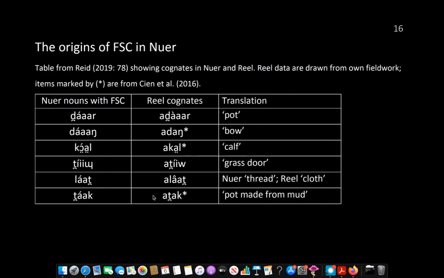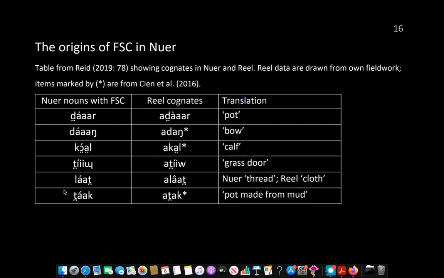Observe that all the nouns in Rel start with the vowel a. For the Nuer data, I do not mark FSC at this stage, and this also reflects the realization of these nouns in isolation, the context in which the FSC is not overtly realized. Now, from the Rel data, we know that the initial vowel is a.